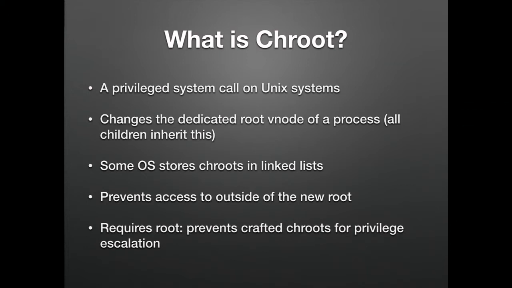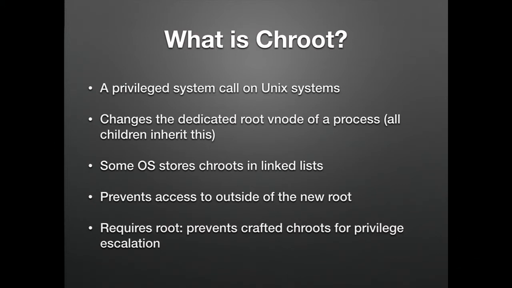This is a privileged system call. Only the root user can call it, or somebody who has the chroot capability. Every process on Unix systems has a process structure, and in that structure there is an entry called the root entry, which stores the vnode of the dedicated root directory.